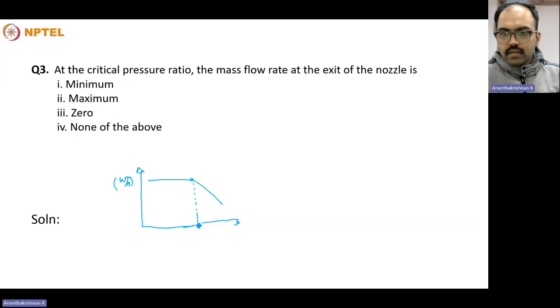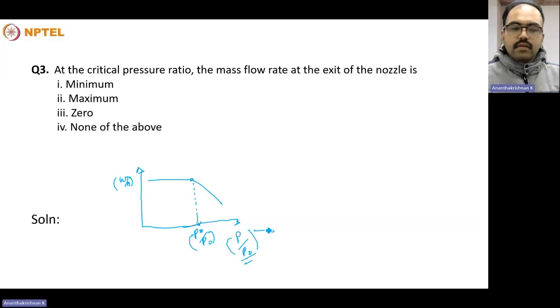This axis is the pressure ratio, P by P star, the pressure at any point of the nozzle divided by the outlet pressure. Critical pressure ratio is the point.